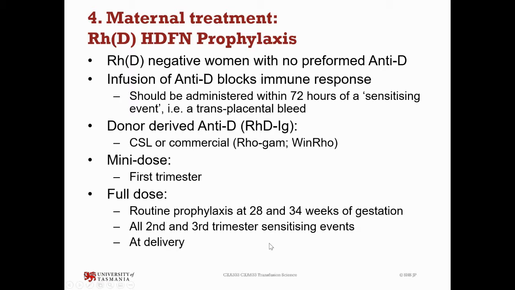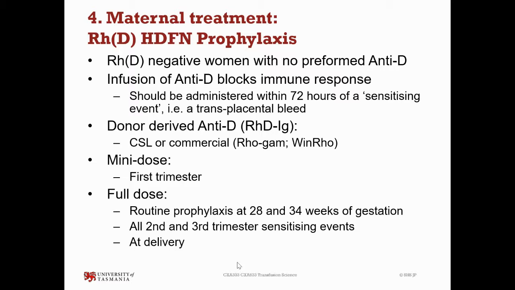Routinely in Australia, the RhD immunoglobulin is given at 28 weeks to all RhD negative women, and 34 weeks, and then at delivery. If anything happens, like some sort of abruption or damage to the placenta at any stage during the pregnancy, then it will be given as well.